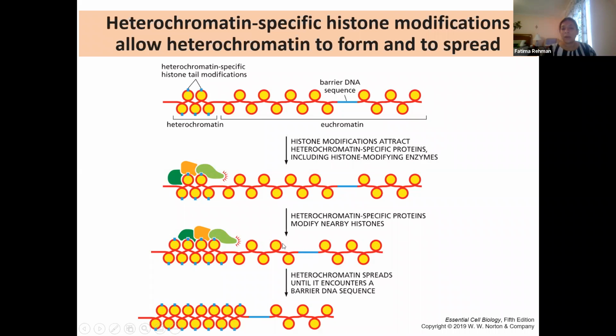And that essentially is a signal for them to fall off. So the modifications that are present on the heterochromatin cause more modifications to happen on adjacent DNA until they reach an open space where gene expression is happening. And that is going to then stop this complex from going further and fall off.